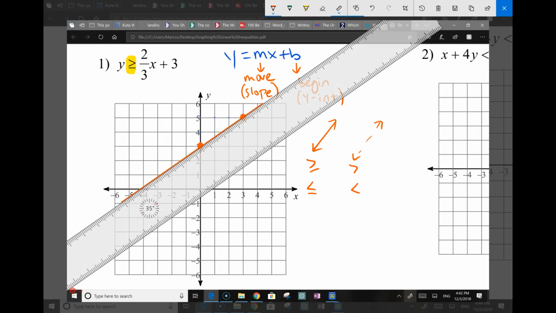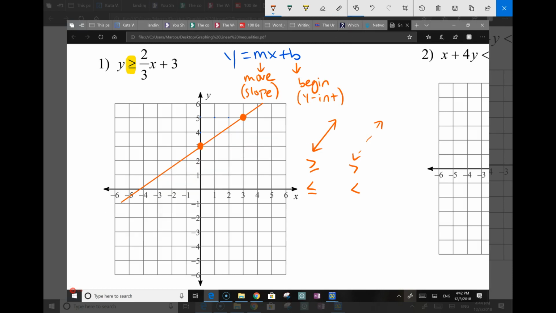Now when you draw the line, you want to be sure to extend it as far as your coordinate plane allows, just because you want to create a good graph. Now, normally we would be done if this was simply slope-intercept form of a linear equation. However, because we're doing inequalities, we have to consider that we have multiple solutions and we have to represent all the possible solutions there could be.